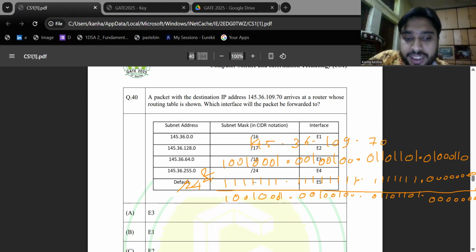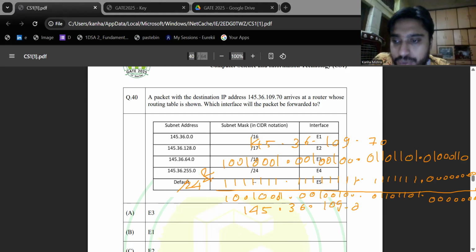If I convert it to integer representation, it looks like 145.36.109.0. So this 70 has been reduced to 0 after doing the AND.